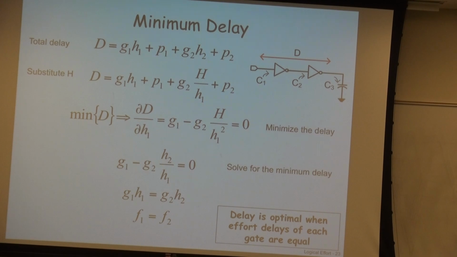just assume that this is an arbitrary gate of logical effort G1 and parasitic delay P1, and this is G2 and P2. Then the delay from here to here is given by this expression.